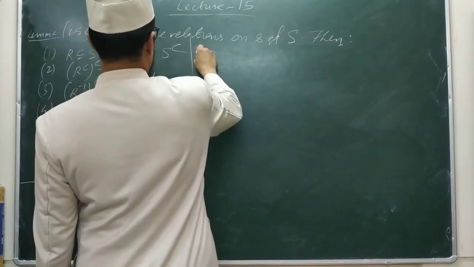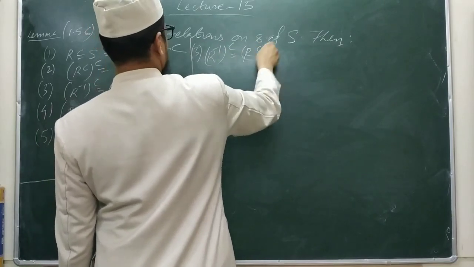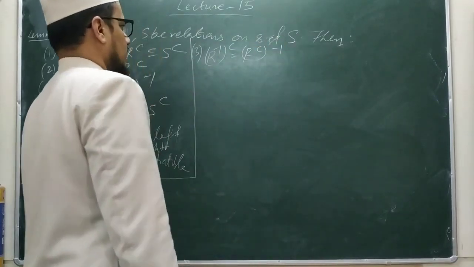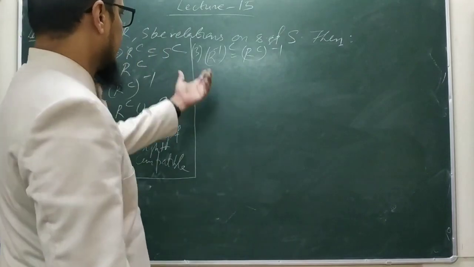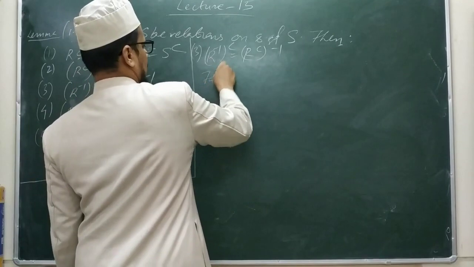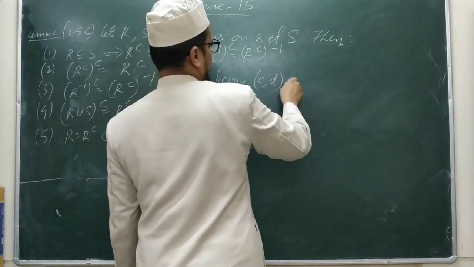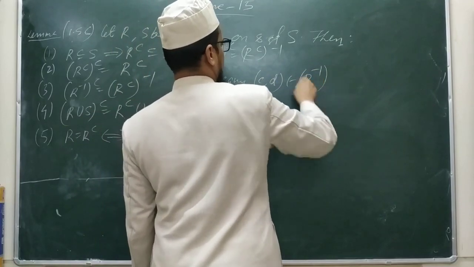So we have to prove the third part, that is (R inverse)^C is equal to (R^C) inverse. Correct? So take any element here, C, D belonging to (R inverse)^C.